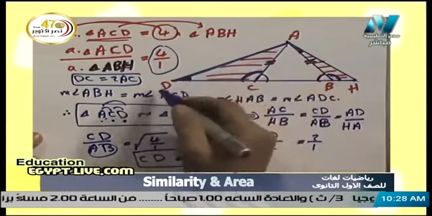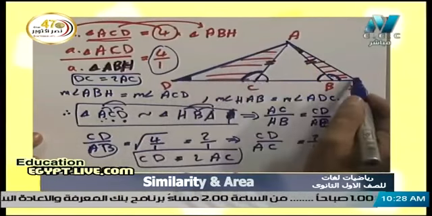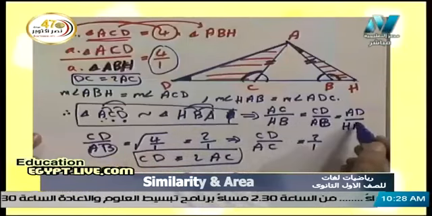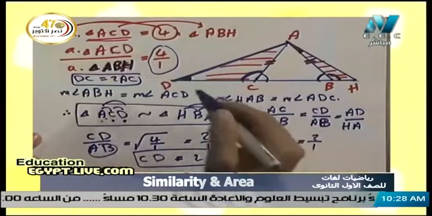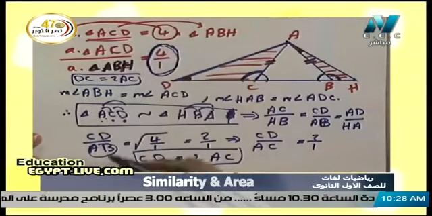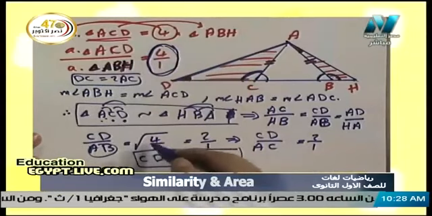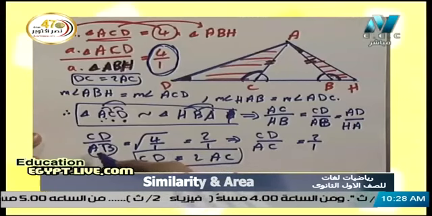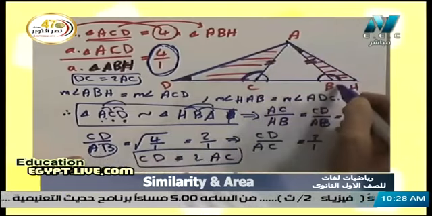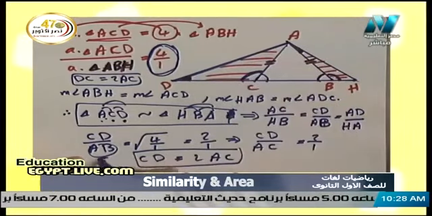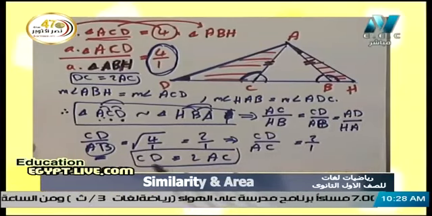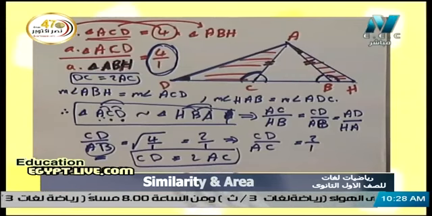So the triangle DAC is similar to triangle ABH, and we deduce that each ratio of course equals the square root of the ratio of the areas. So we have the square root of 4 over 1, it's equal to 2 over 1, and because we have AB equal AC, we replace AB by AC, and using cross multiplication we deduce that CD equals twice AC.